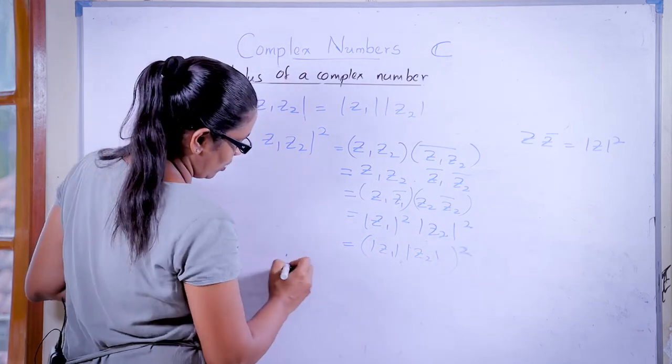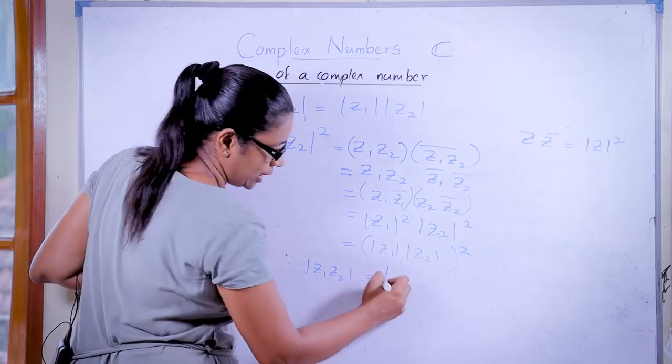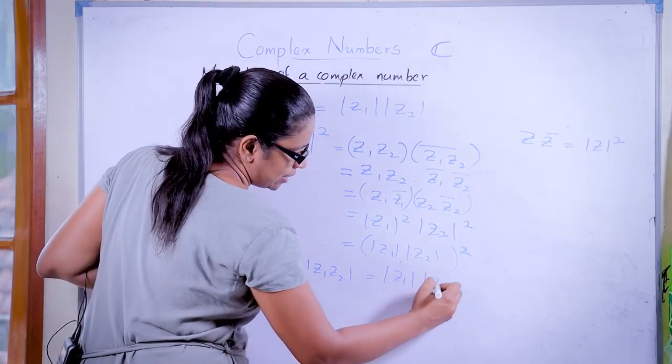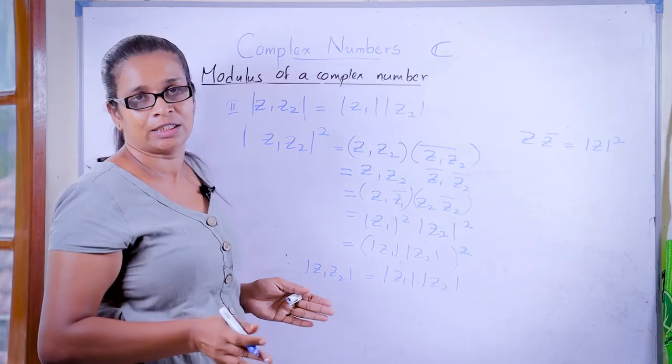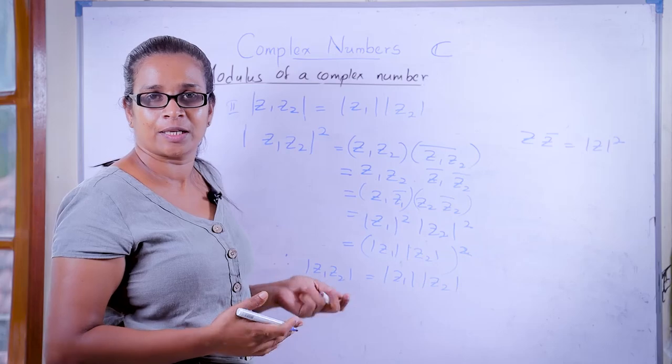So you can write the modulus of z1 z2 equals the modulus of z1 into the modulus of z2. This is your second theory related to the modulus of a complex number.